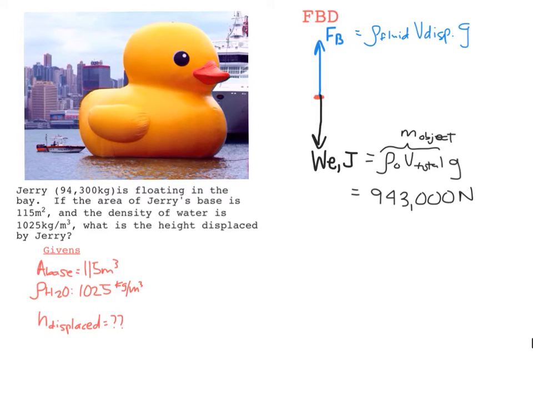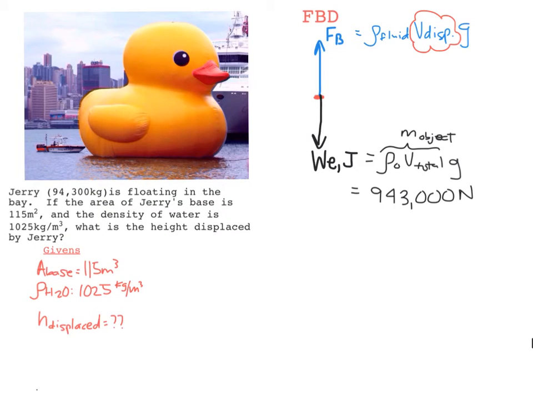Luckily, we have the mass, which was given, 94,300 kilograms, so we can just multiply that by gravity to get our weight. And you may have been thinking this, but to find height displaced, it's probably going to be hidden in the volume displaced. So if you were thinking that, great job.